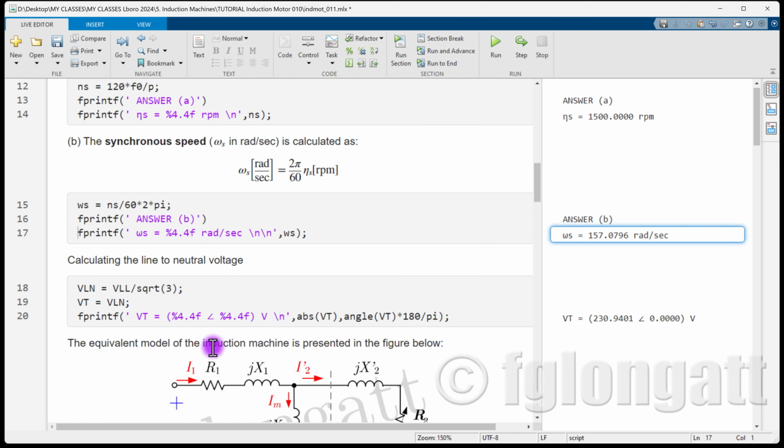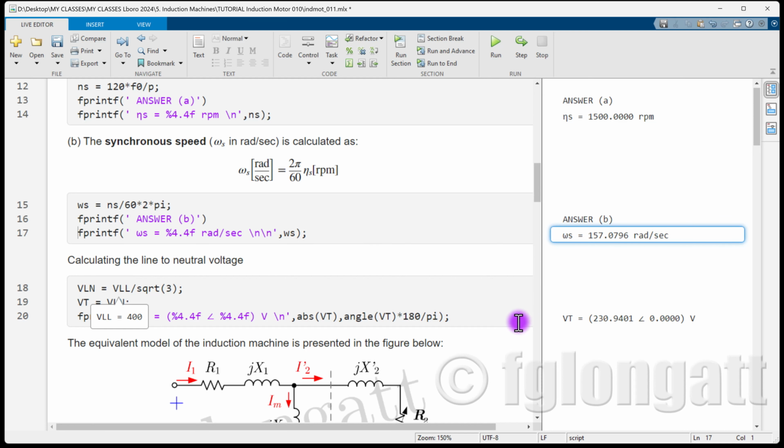Now you must remember something very important when you are working with 3-phase devices or components. The nominal voltage is a line-to-line voltage. So the 400 volts that we are given here is a line-to-line voltage, so we need to convert it into line to neutral.